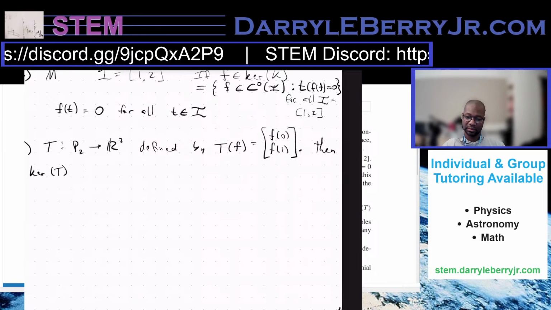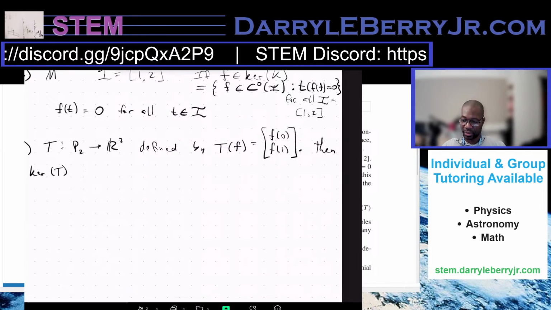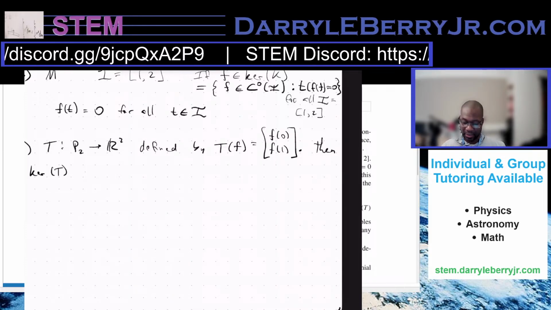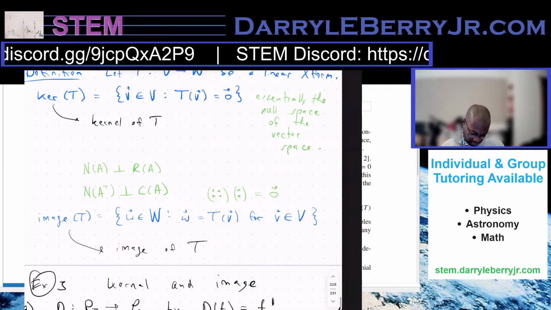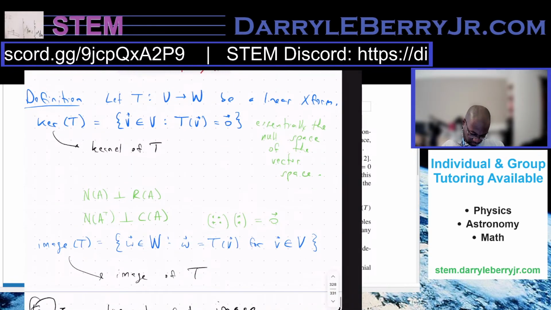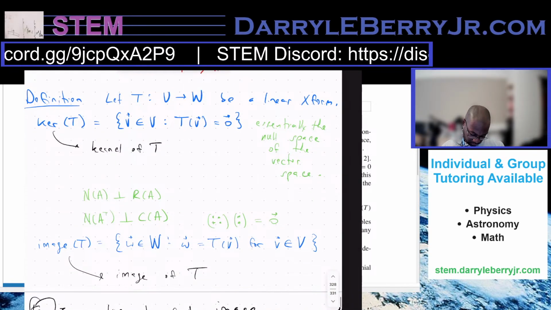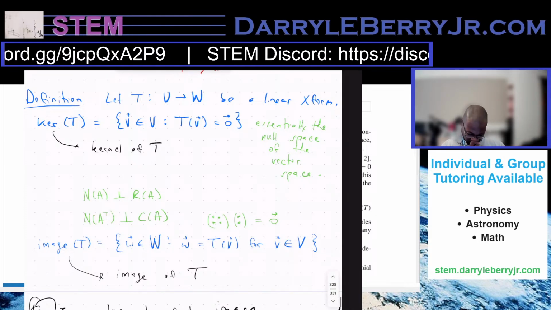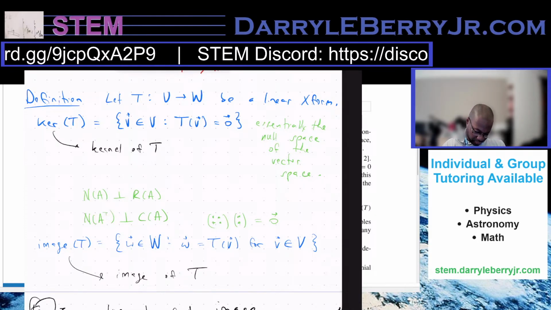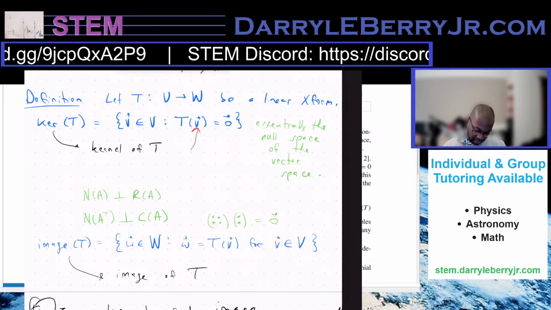So the kernel of T is the things that when you transform them, give you 0. So the kernel is what you transform to get 0.